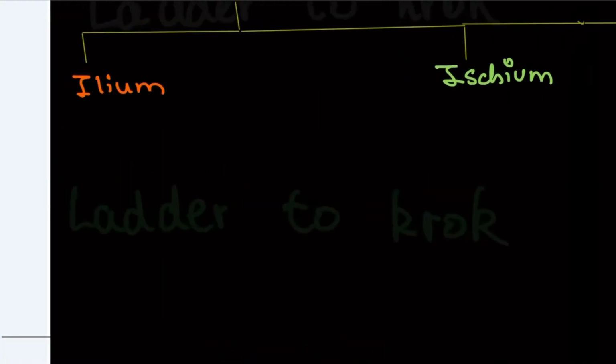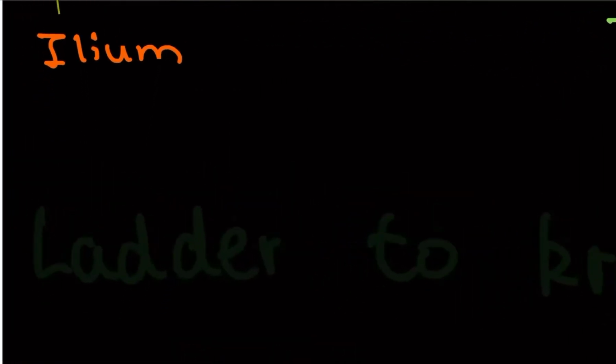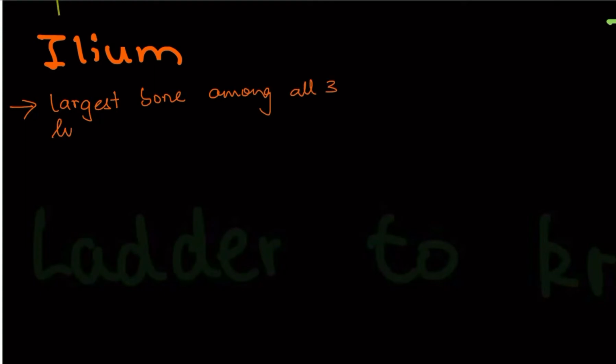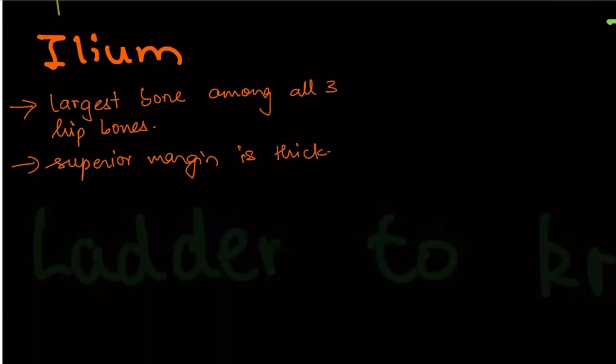Now let's move on with the bones of the hip. So starting first with the ilium, you should know that ilium, it is the largest bone among all the three hip bones. Superiorly, its superior margin is thickened, and this we call it as iliac crest.